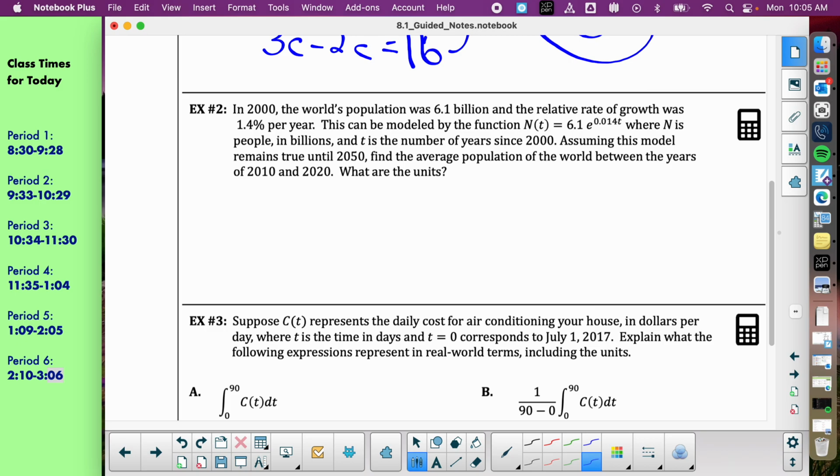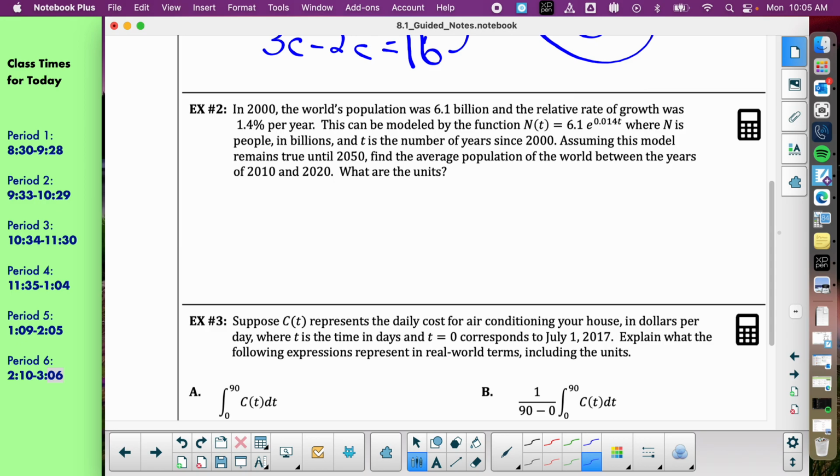I wanted to let you try this one because it's got all sorts of different numbers, terms, words that throw you off as to what you're actually working with. The equation itself is the only thing you actually care about, and the 2010 to 2020. That's all it asks for. It asks for nothing else. Like the 6.1 billion is worthless.